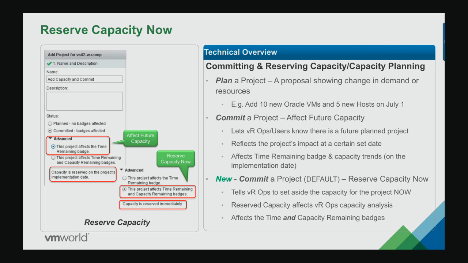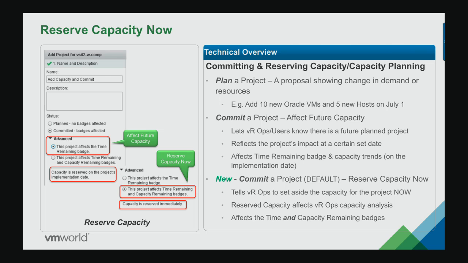So if you say, for example, I need to add 10 VMs next Monday, I want to commit that, we will actually say, okay, this is how much capacity you need for those 10 VMs, so we're actually reserving that capacity now. So again, when you go in capacity remaining, time remaining, when you run your reports around capacity, it's going to take into consideration those capacity reservations.